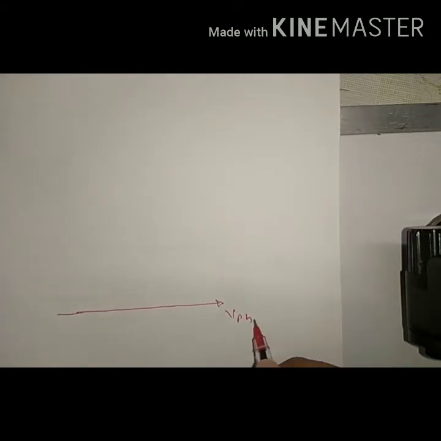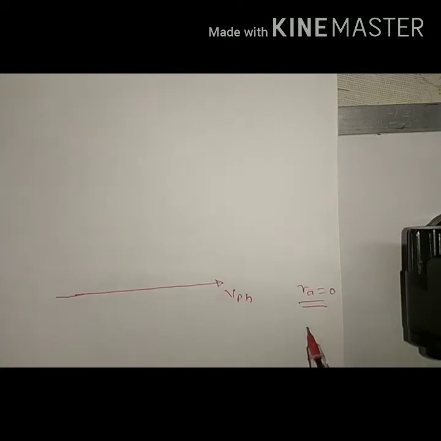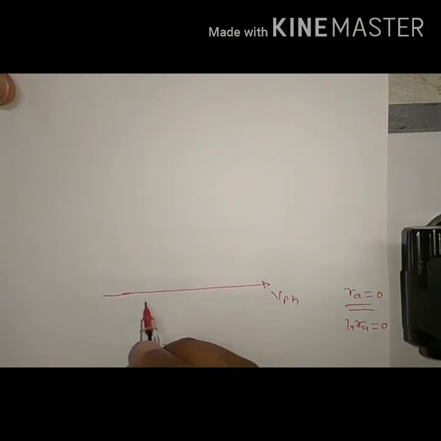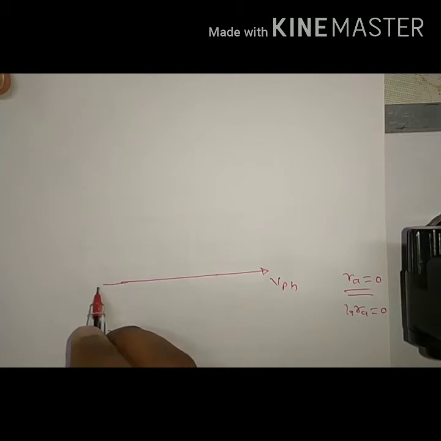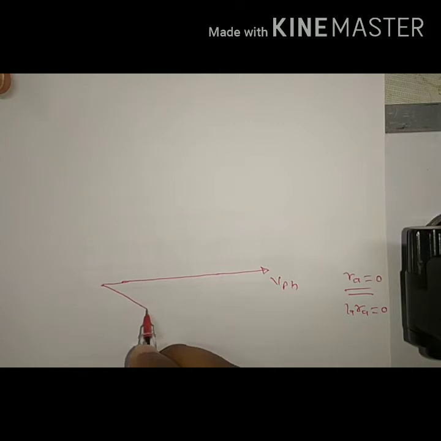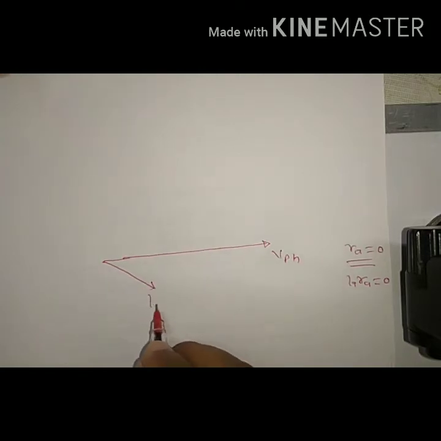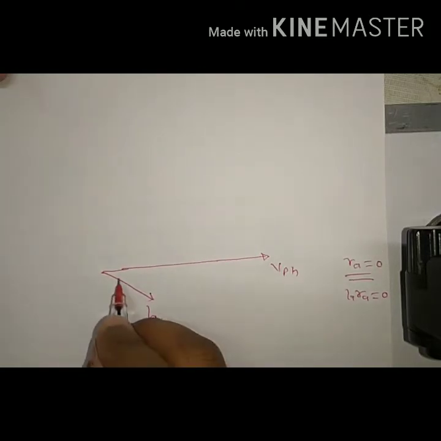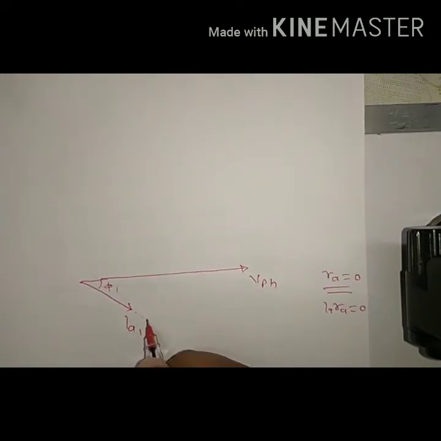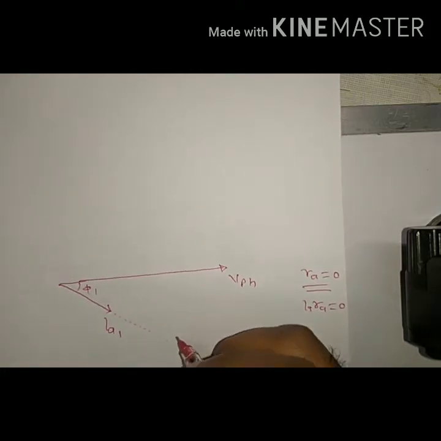Mind you, I am taking armature resistance as 0. Therefore, I_A R_A drop will be omitted. So to maintain constant power, if I take a lagging power factor current I_A1 at an angle of phi 1, then if I complete its phasor, I_A R_A drop is already neglected because R_A I have taken as 0.